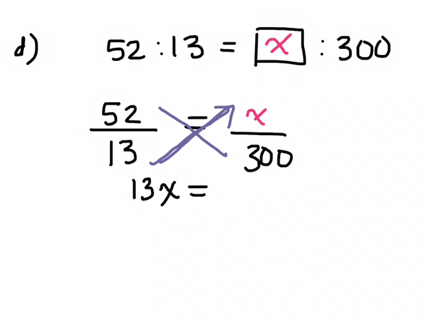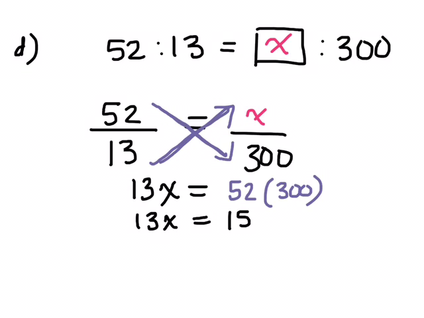Then what do I multiply? We are multiplying 52 times 300. What's 52 times 300? 15,600? Okay, so we divide this side by 13, and then I divide this side by 13.